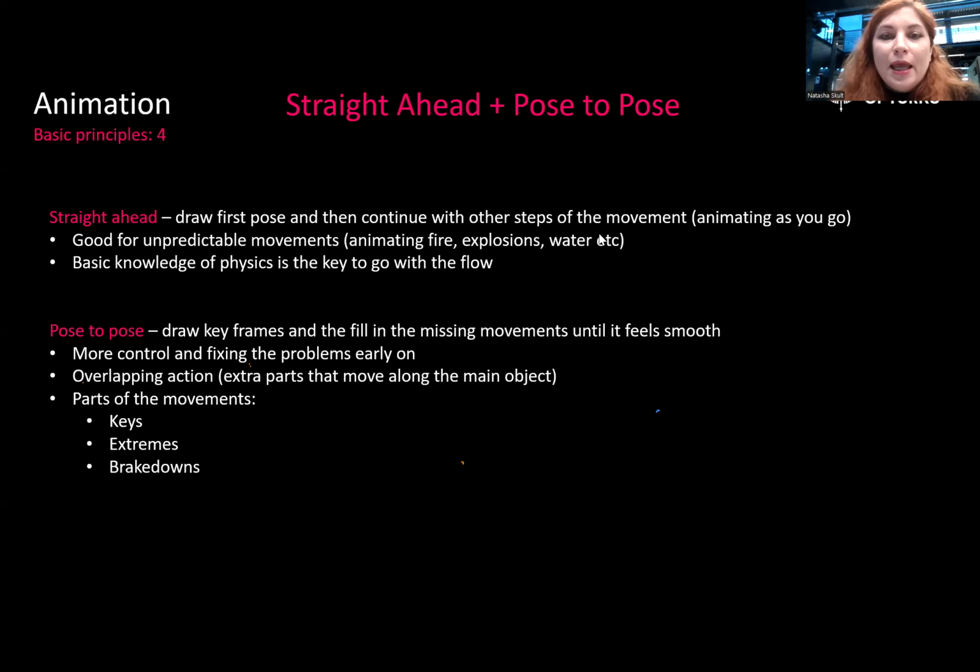So let's see. Now we have the straight ahead and pose to pose principle. Straight ahead means that we are drawing one pose and immediately starting to draw another one, and another one. So we don't have keyframes that we set and then do the filling in between, but instead we just go one by one, frame 1, frame 2.